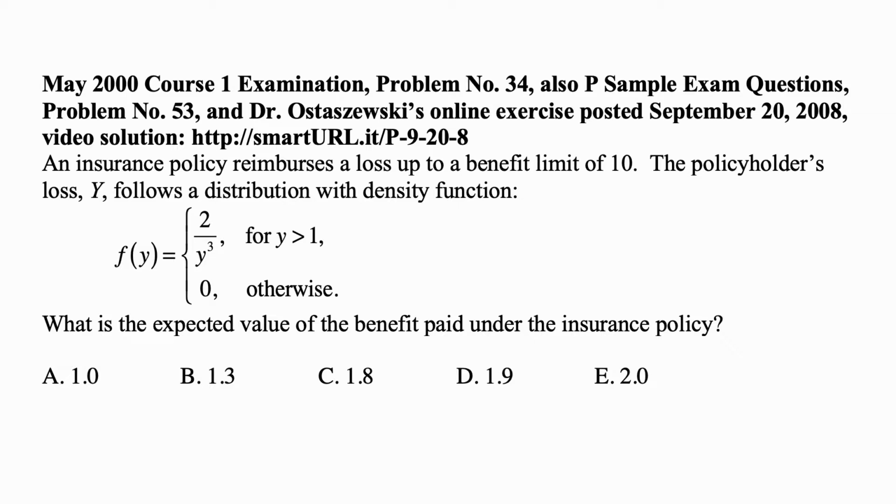However, it has an important property that the values of this random variable between 0 and 1 have 0 probability. And that means that the survival function for positive values of y starts out being 1 from 0 to 1, and only then, after y exceeds 1, the survival function starts declining.